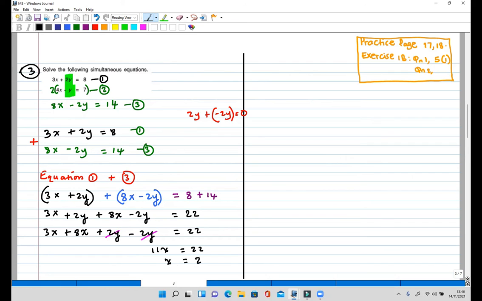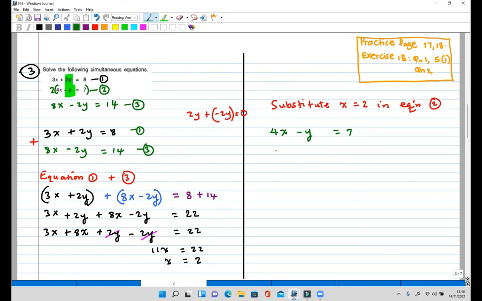Now that we have x is equal to 2, let us find y. So we are going to substitute x is equal to 2 in equation. Let's use equation number 2. So equation number 2 is 4x minus y is equal to 7, and x is 2.